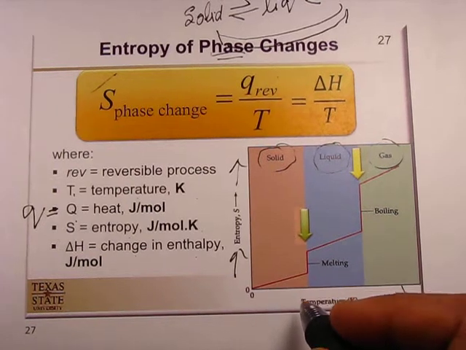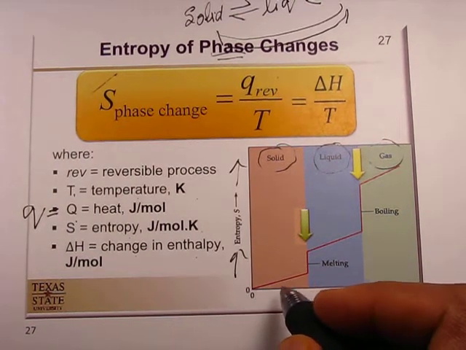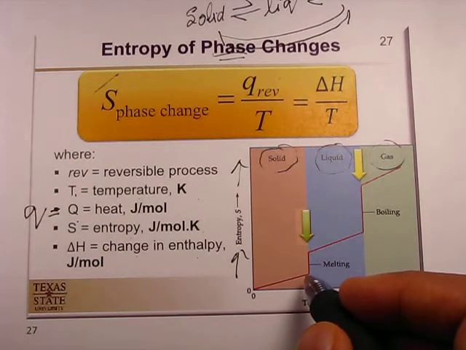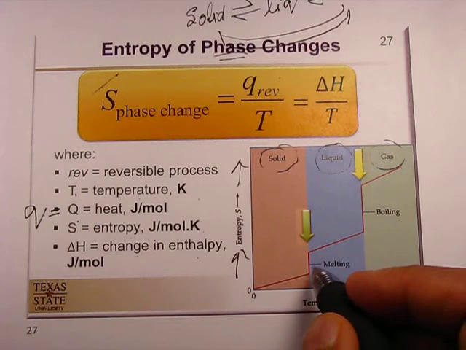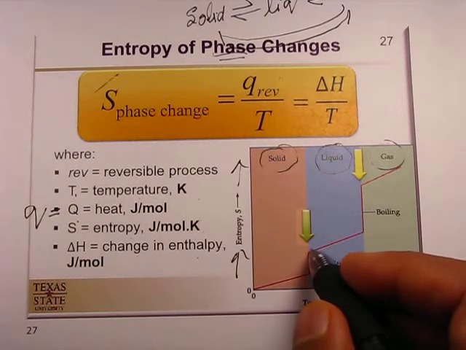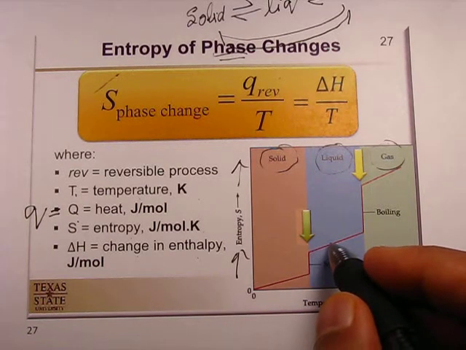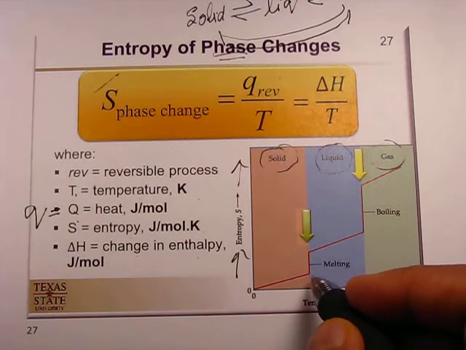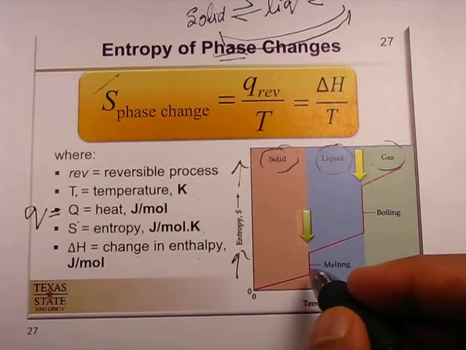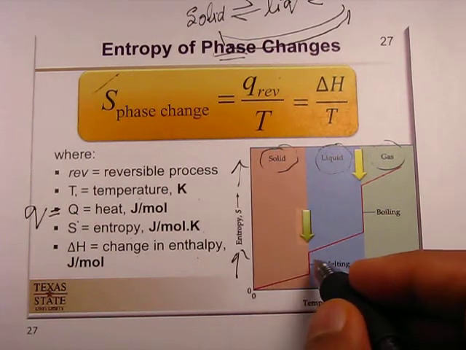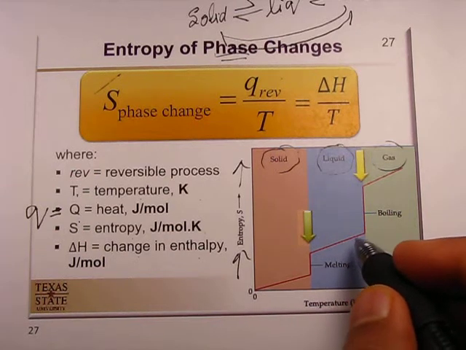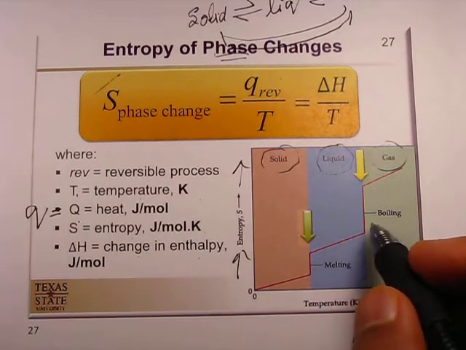As we increase the temperature, this red curve shows that entropy is increasing, and at a phase change there is a sharp increase in entropy. At a particular temperature, the melting point, solid melts into liquid. Exactly at the melting point, entropy changes very sharply, and then it slowly increases as the temperature increases.